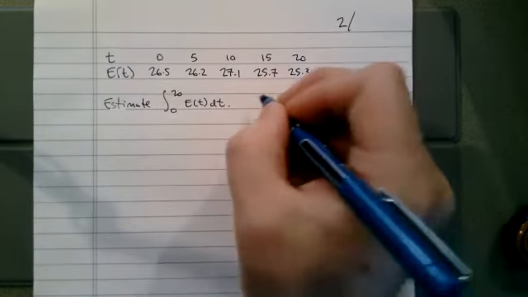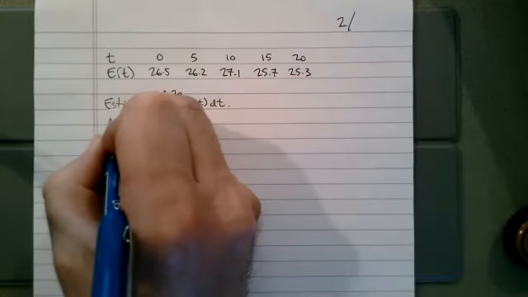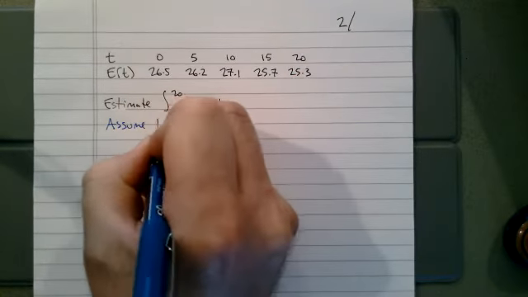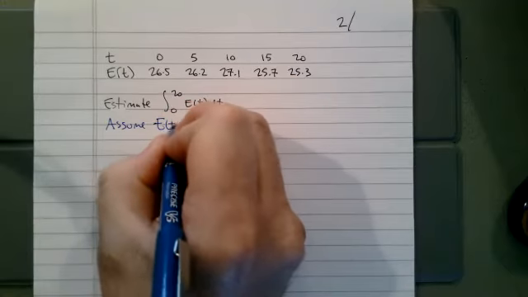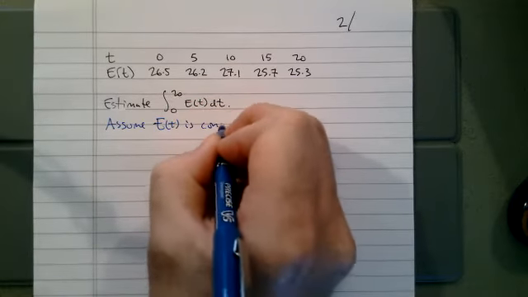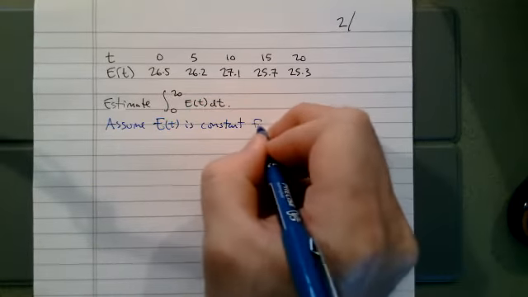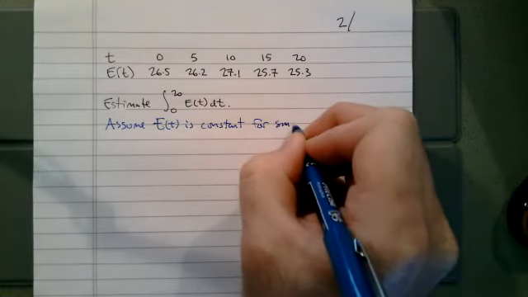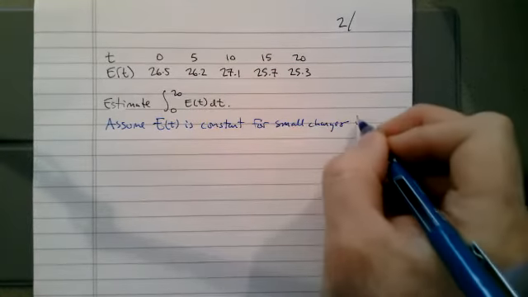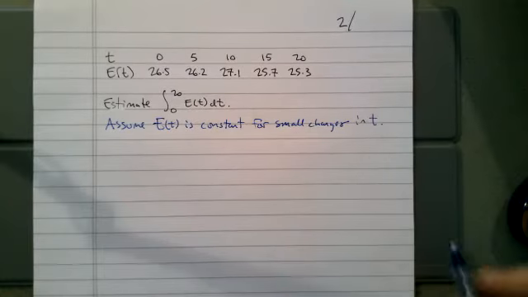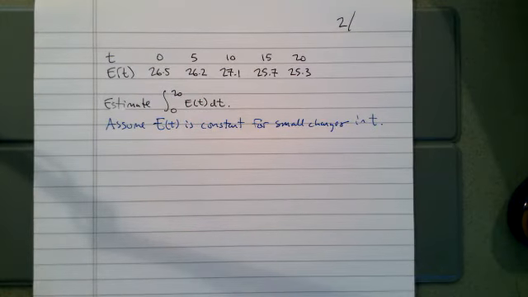So we're going to assume e of t is constant for small changes in t. Small changes in t is going to be a delta t.